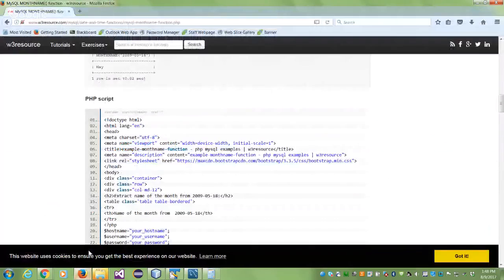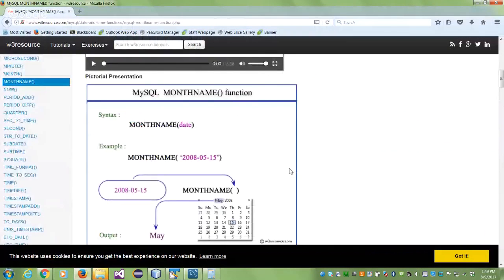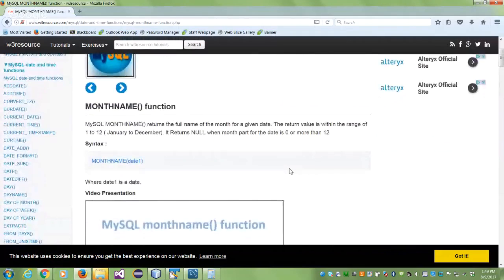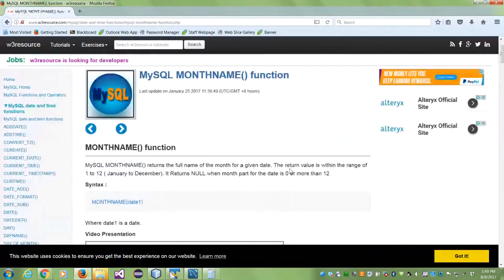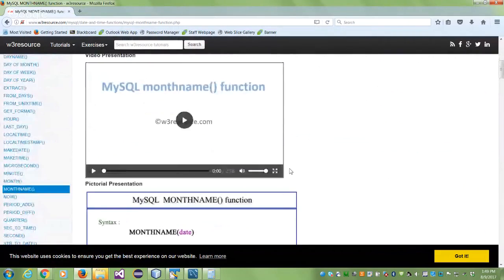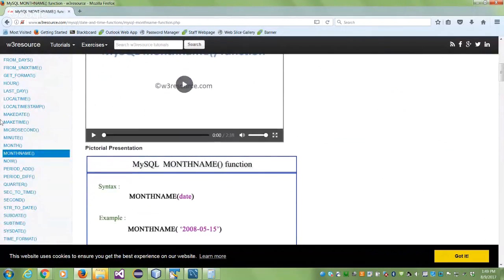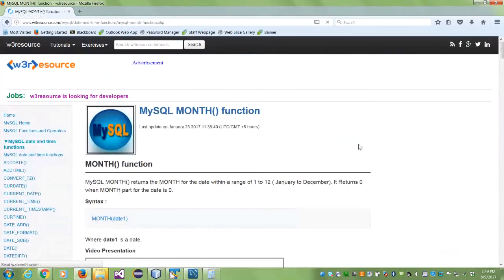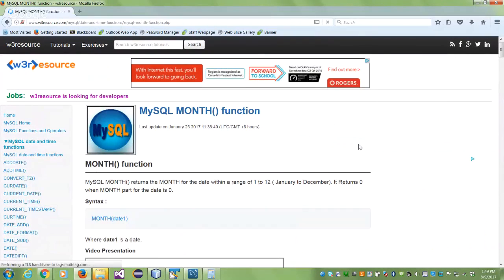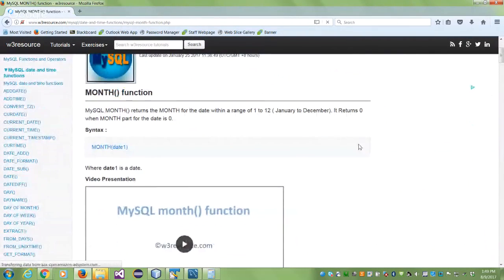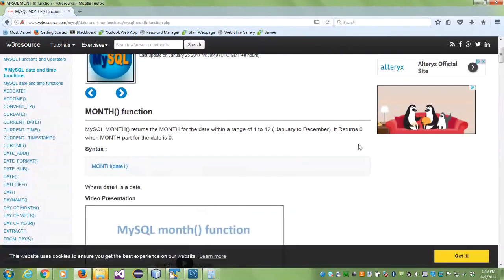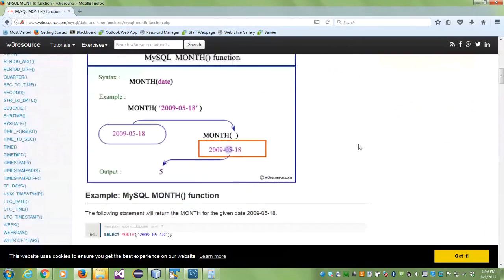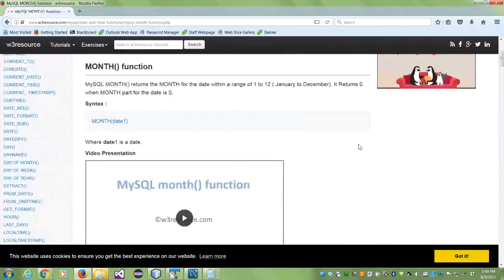I think one functions come in, it's a function, and then what's month then? We should be able to get month also. I see a month name, there it is, month. Both are functions. Why is one in blue and one in purple? So the month returns a value between 1 and 12, and month name returns a value between January to December.